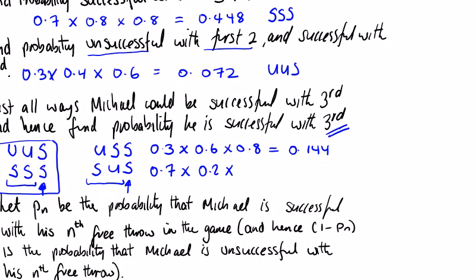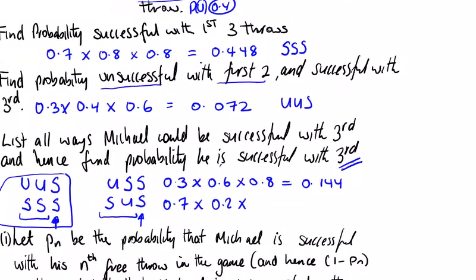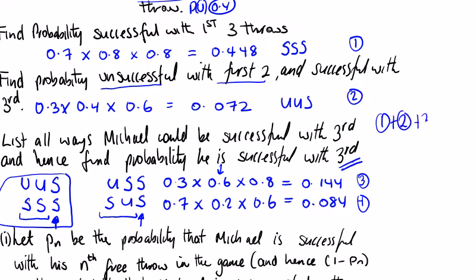And then to get one having been unsuccessful on the previous one is back to this 0.6 here, the same as this one here. So 7 2s are 14 by 6 is 84, so 0.084. And if we add these 4 together, 1 plus 2 plus 3 plus 4, we're going to get 0.748.